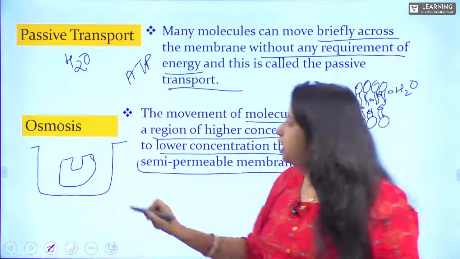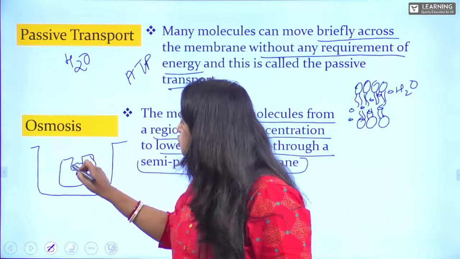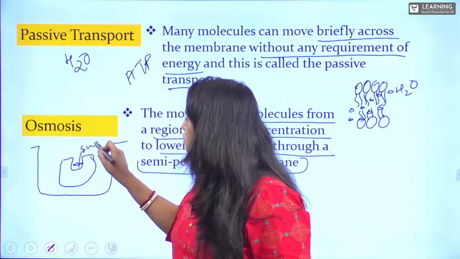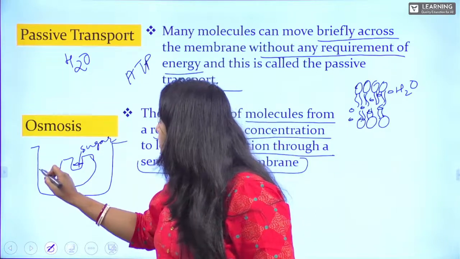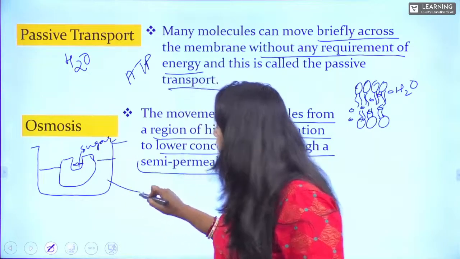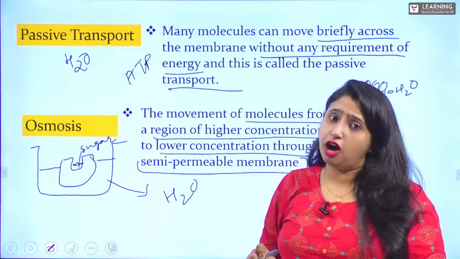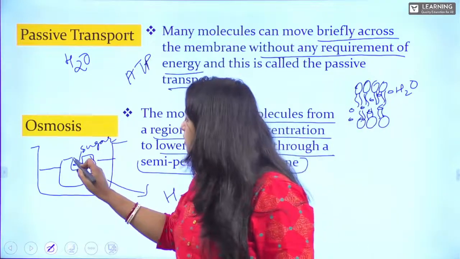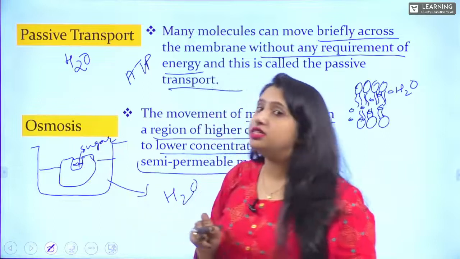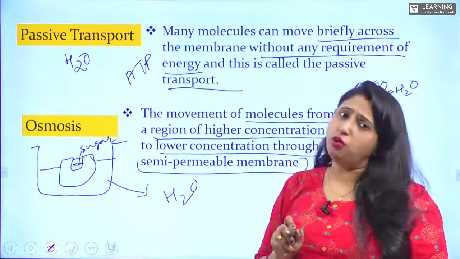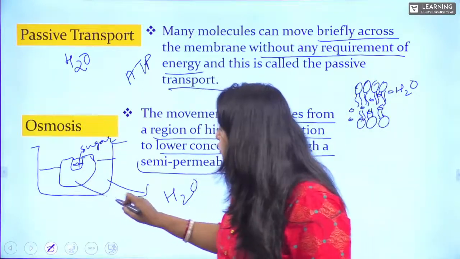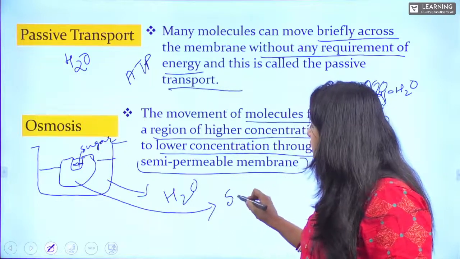Then you put sugar solution here and an equal amount of water here. After 30 minutes, you will see that the water rises in the sugar solution. So here the potato membrane acts as what?